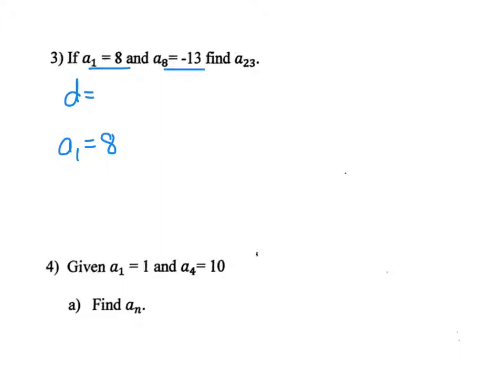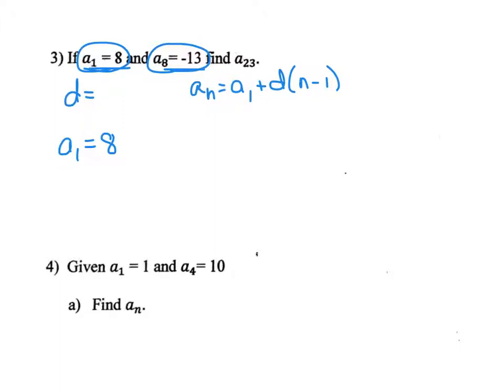You might be able to figure it out in your head, but we can use the formula from the previous page. Let's remind you of the formula: a sub n equals a sub 1 plus the common difference times n minus 1. We have 2 terms here.